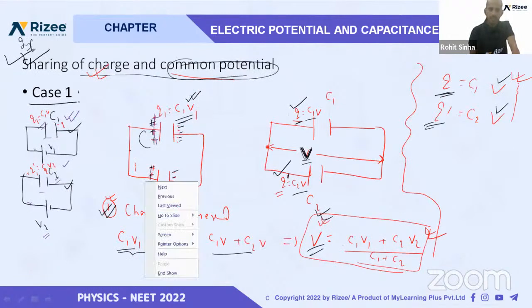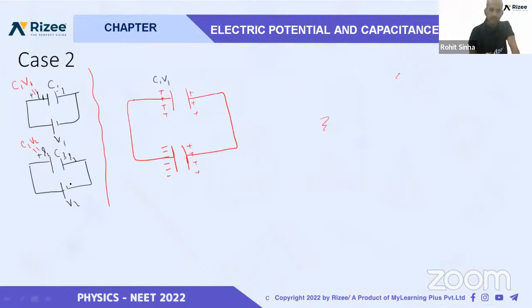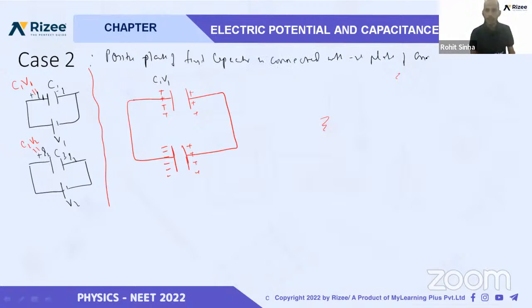The second case is that the positive plate of the first capacitor is connected with the negative plate of the other capacitor.